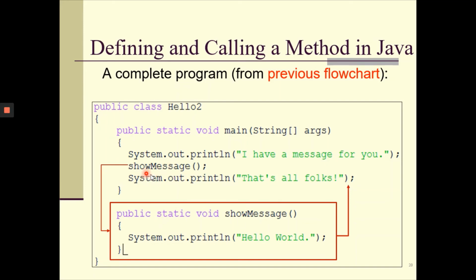If this is calling method show message, you will go and search where is method show message and it will execute the code there until the end. Since this one only has one line of code, you're going to print hello world. After you print hello world, the execution flow will go to the next line after the method call. After you call this method and execute it, you go back to the method caller.